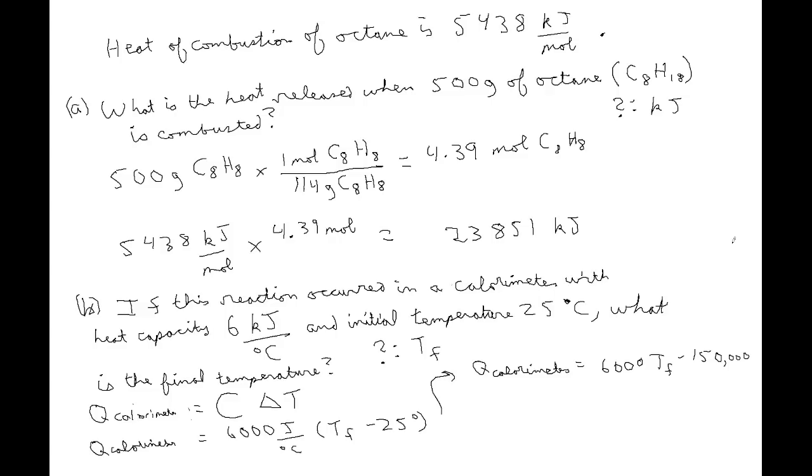So I guess we'd have to take 23,851 times 1,000. And that'll give us joules. So that'll be our Q of the calorimeter. Good. 23,851,000 plus 150,000.